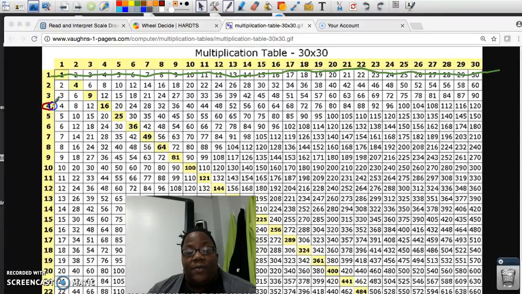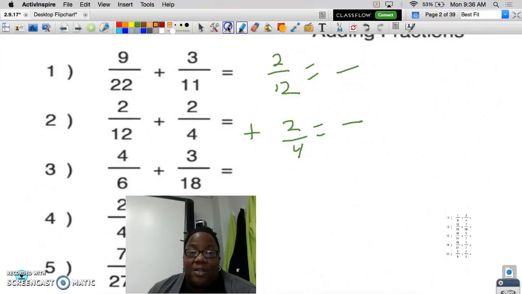All right, here's my 4, here's my 12. I will go across those rows until I come to the number in which they both match. I can tell already 12 is the first number that they have in common. That'll work, okay? So that tells me my new denominator will be 12 for both of them.